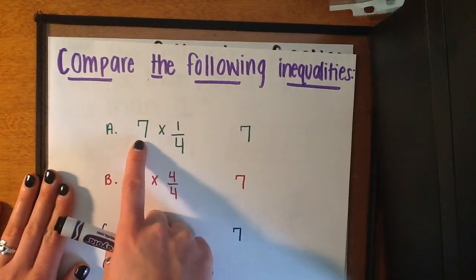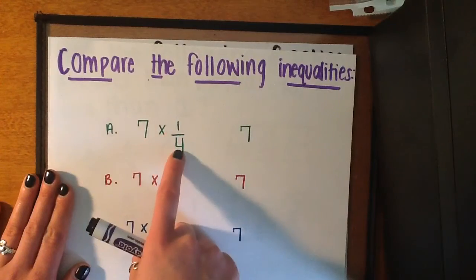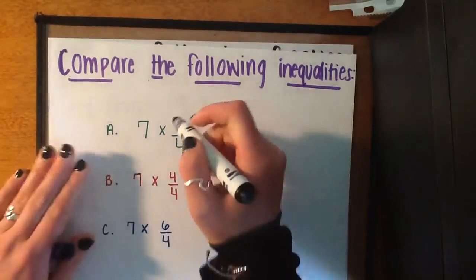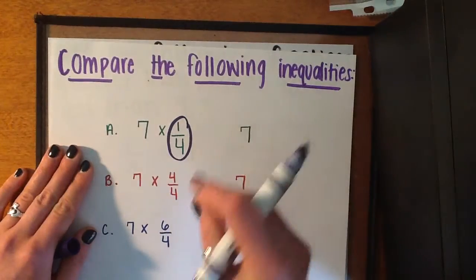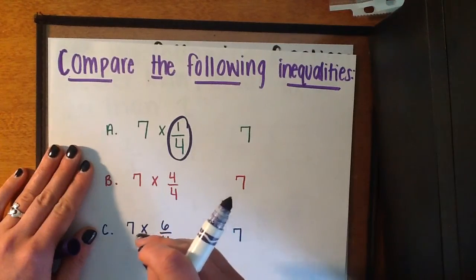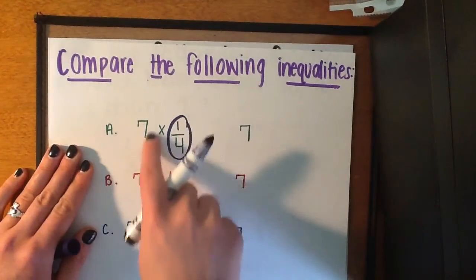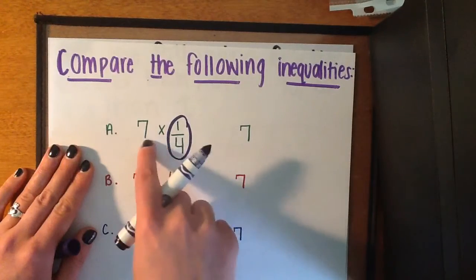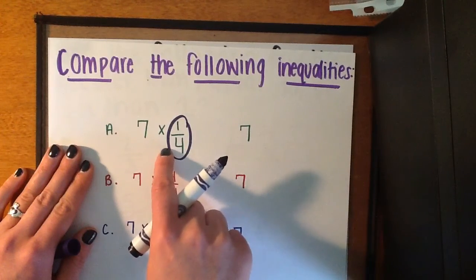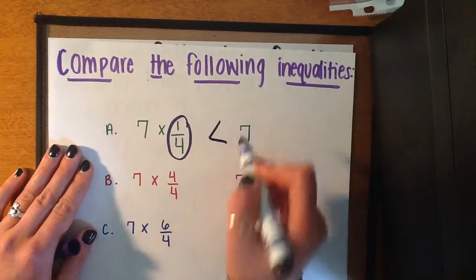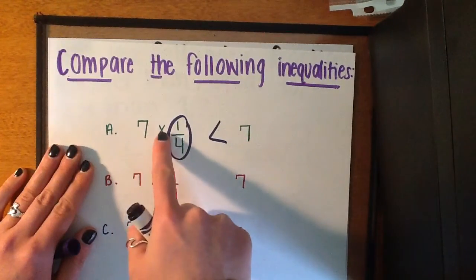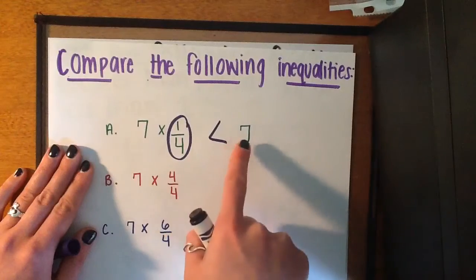If I multiply 7 times 1/4, I know that 1/4 is less than a whole. Therefore, when I multiply this together, this is going to be smaller, or less than 7. So I can say 7 times 1/4 is less than 7.